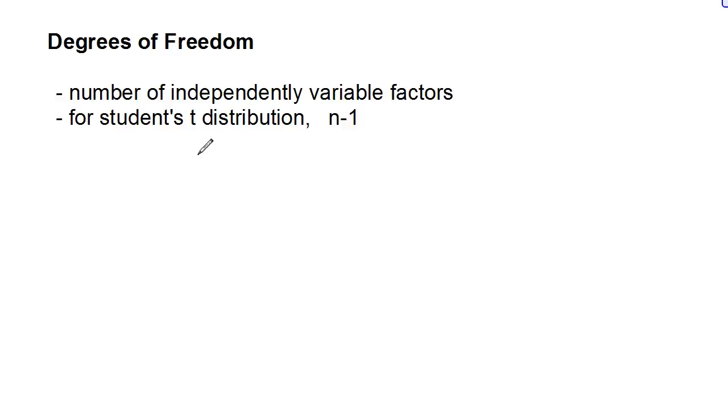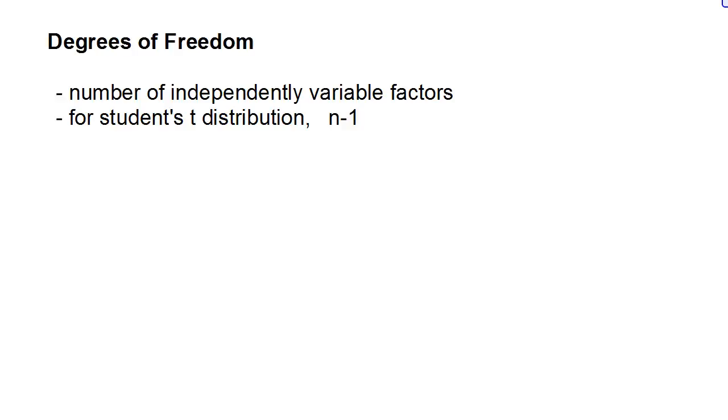We didn't know exactly what we were looking at, and so we had to take into account that information. We do the exact same thing here. We don't know exactly what the population standard deviation is, so we have to take that into account again here. And we do that by using degrees of freedom and calculating that with n minus 1.